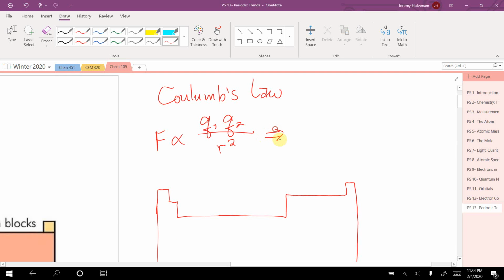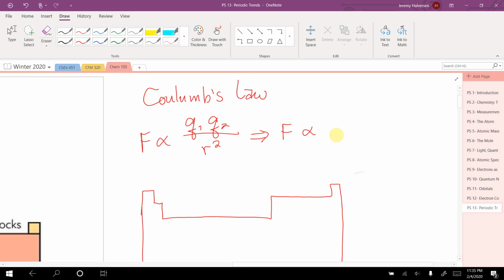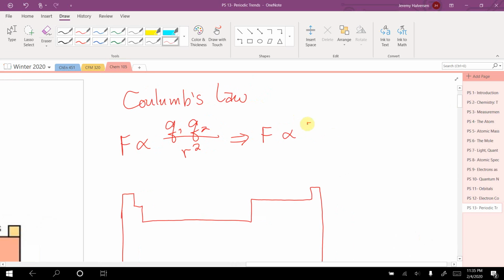We could take this and say the force of attraction is going to be proportional to, and force of attraction between what? Well, in this case, we're talking about the force of attraction between the negative electrons in the atom and the positive nucleus of the atom. Okay, so the charge of one thing is just going to be the charge of an electron, so I'm just going to put E there. That's never going to change.